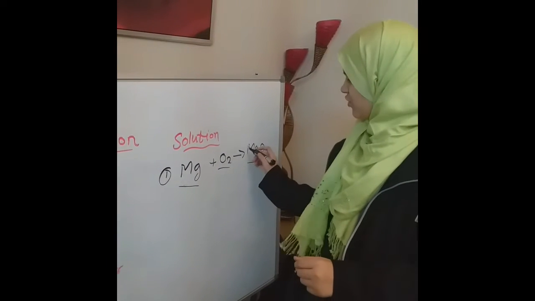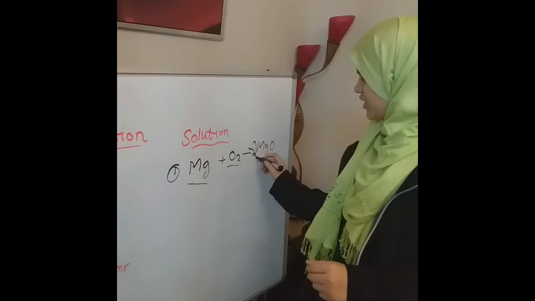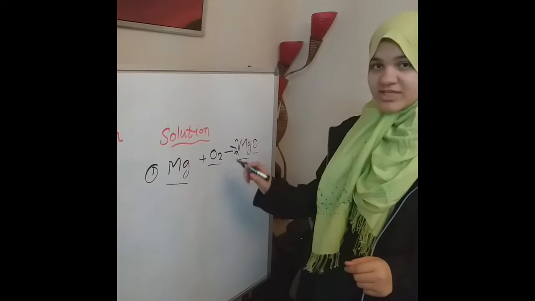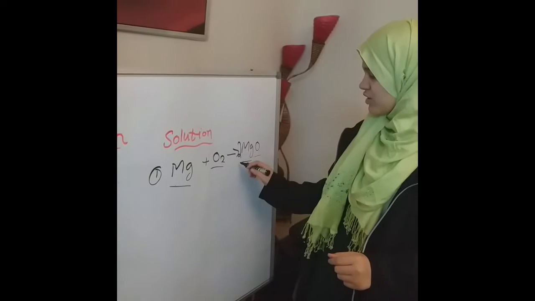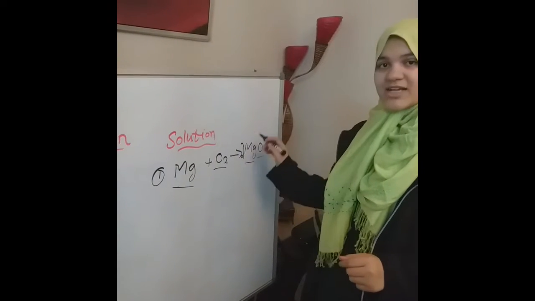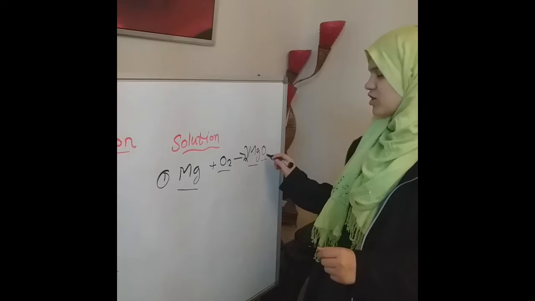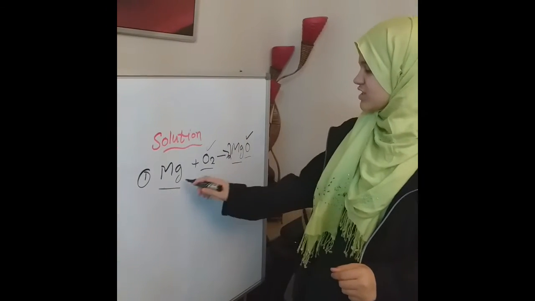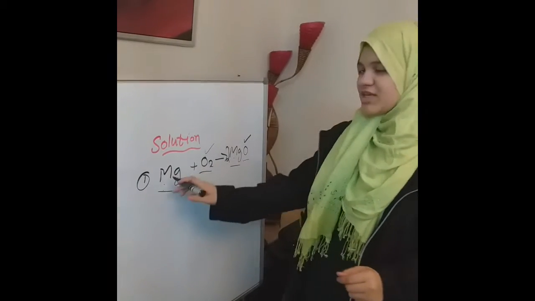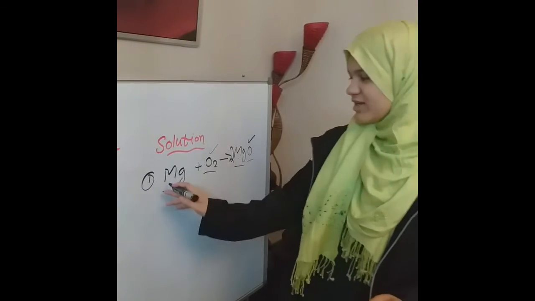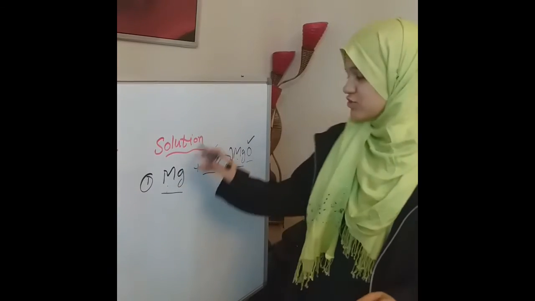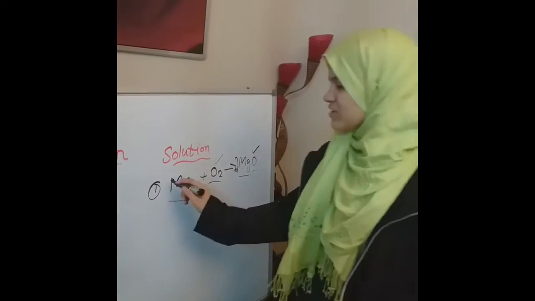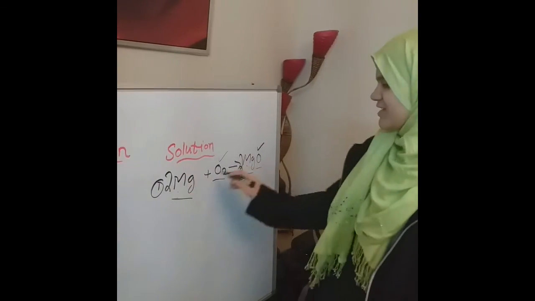So if we add 2 in front of magnesium oxide, there will be 2 atoms of magnesium and 2 atoms of oxygen. That means we balanced the oxygen. But what about the magnesium? In the reactants it is 1 atom of magnesium and in the products 2 atoms of magnesium. That means we will add 2 here to make it balanced.